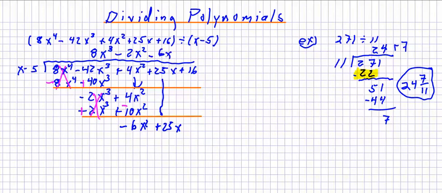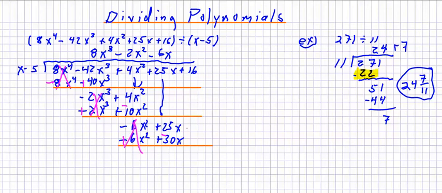Minus 6x. A negative 6x times x is negative 6x squared. We distribute. Negative times negative is positive. And we subtract once again. When we subtract, remember we change our signs.